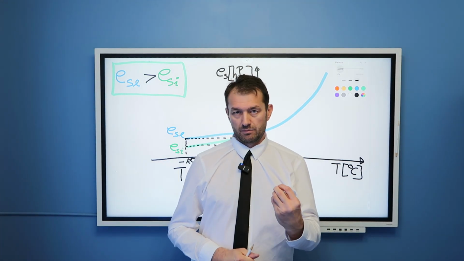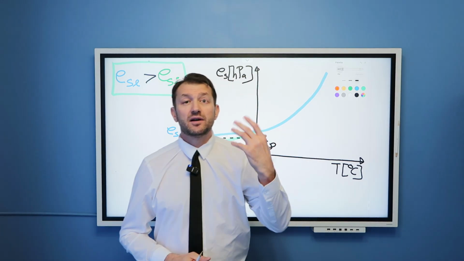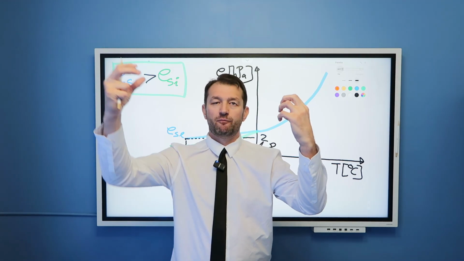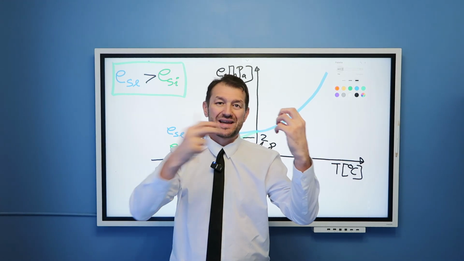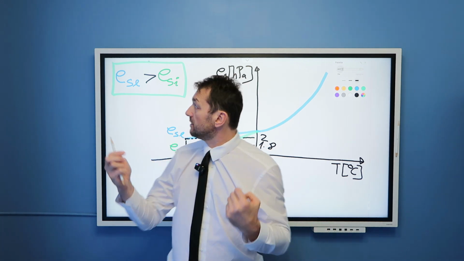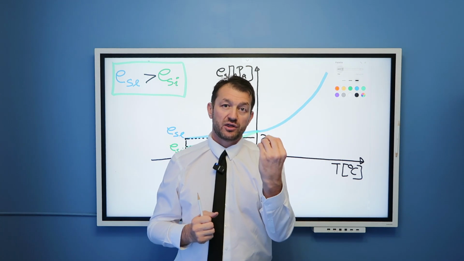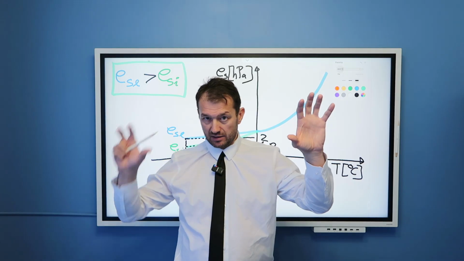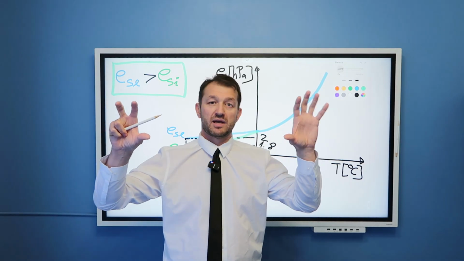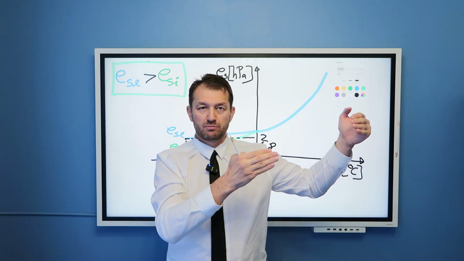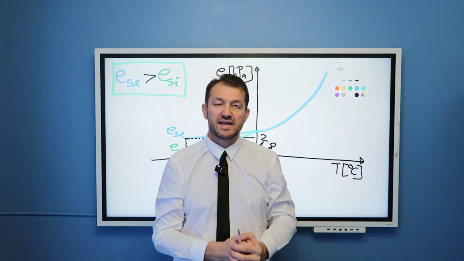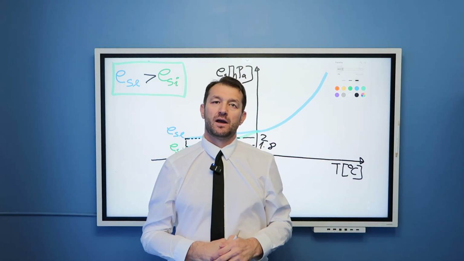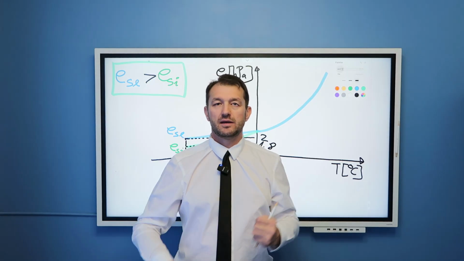I will just say it in one sentence: in a cloud, if we have ice here and liquid water here, where are water vapor molecules more likely to migrate? They are more likely to migrate towards ice because water vapor pressure over ice is lower. So if we have water vapor and one ice particle and one liquid water particle at negative temperatures, the water vapor molecules are more likely to migrate towards ice, and ice will therefore grow at the expense of water vapor in the atmosphere.